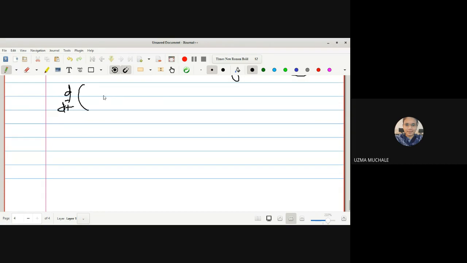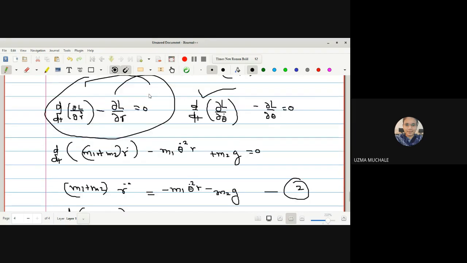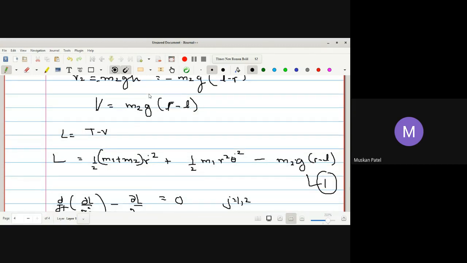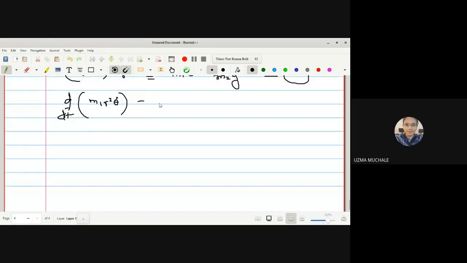There is no term of theta dot in the first, third and fourth terms, so we have only one term, m1 r square theta dot. Minus, is there any term of theta in the whole equation of L? No, 0, madam. So we get 0. So the resultant is equal to 0.